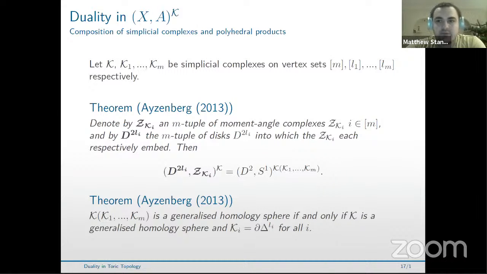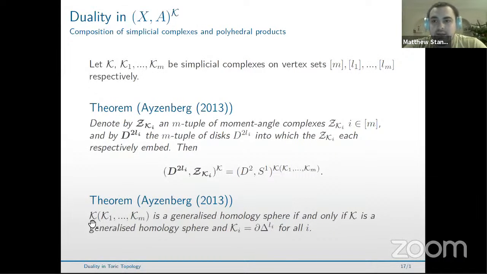Okay. So we've now written this more general class of polyhedral products as moment angle complexes, and we want to understand exactly when this simplicial complex, the composition of K1 through Km with K, is a generalized homology sphere. Well, again, we have the theorem of Eisenberg, which states that this composition is a generalized homology sphere if and only if the simplicial complex K is a generalized homology sphere, and each of the Ki is a genuine boundary of a full simplex.